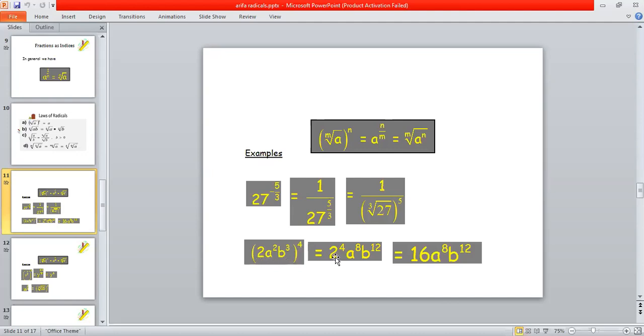So 2 to the power 4, a to the 2 into 4, 2 4s are 8, and b to the 3 4s are 12. And it is simplified again, because 2 to the power 4 means 2 multiplied by itself 4 times: 2 times 2 times 2 times 2, which is equal to 16, so the answer is 16 a^8 b^12.